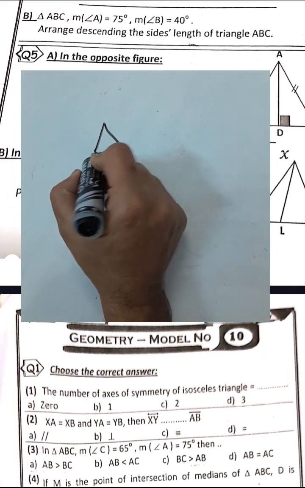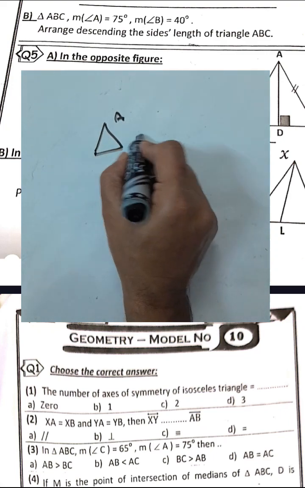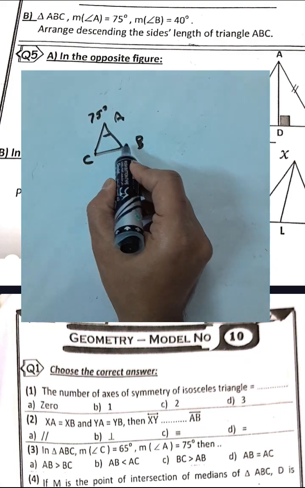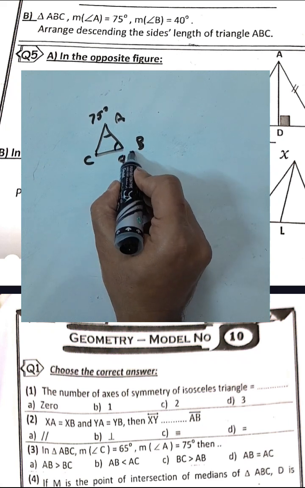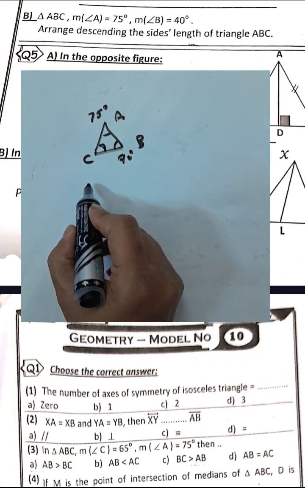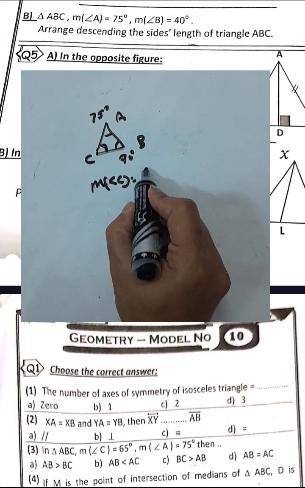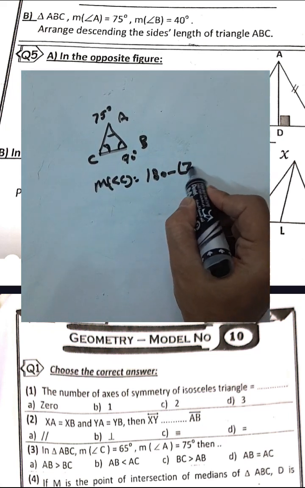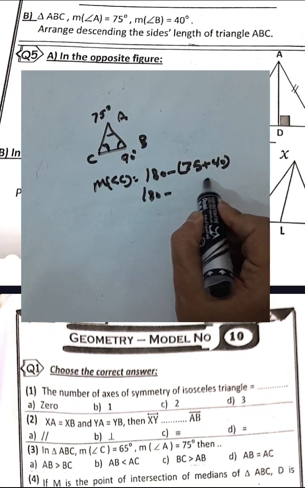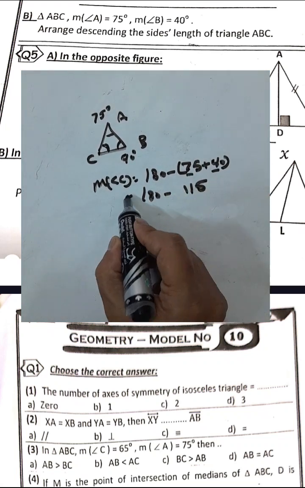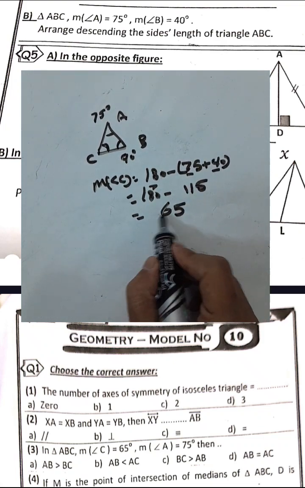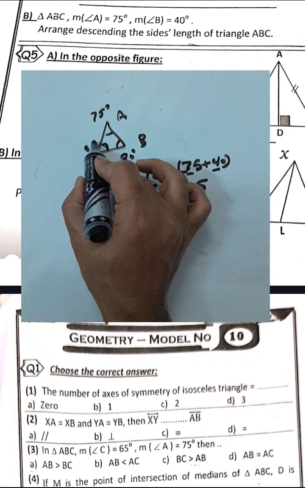We have triangle ABC. The measure of angle A is 75 degrees and the measure of angle B is 40 degrees. You can find the measure of angle C by writing 180 subtracted by the sum of them: 75 plus 40. 5 plus 0 equals 5. 7 plus 4 equals 11. 10 minus 5 equals 5, and 7 minus 6 equals 65 degrees.